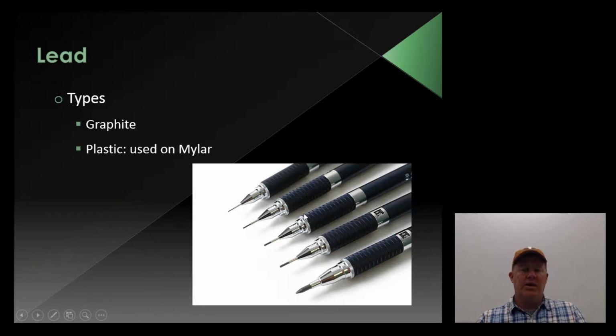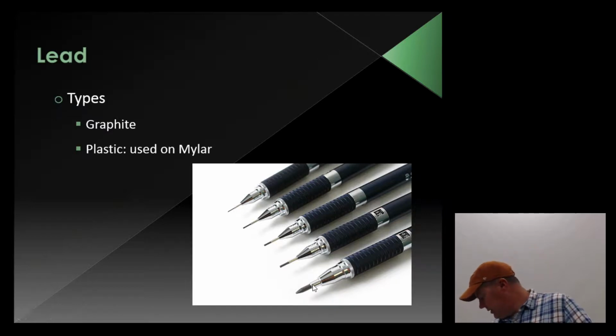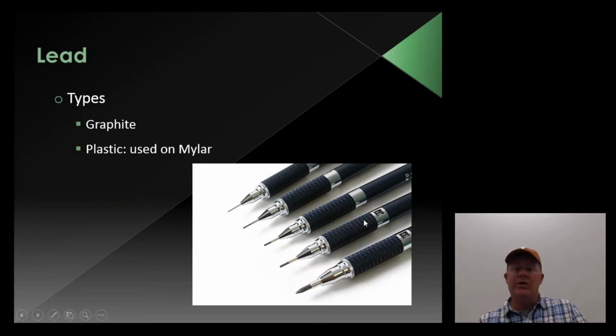And this looks like 0.03, 0.05, 0.07, 0.09, and that actually looks like an actual lead holder, which is your thicker leads, and I've probably gotten rid of most of mine. But that's a good looking set of pencils that you can buy at any of the office supply stores.